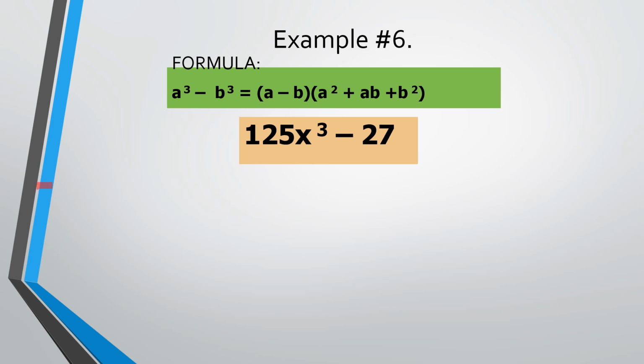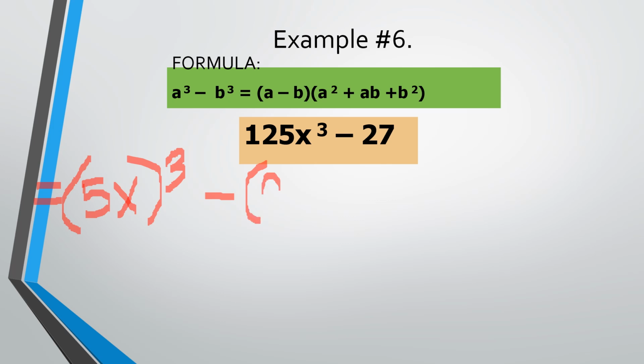You have here equals, open parenthesis, 125x cubed. Its cube root is 5x, close it, raise it to the power of 3, subtracted by the cube root of 27 is 3, close it, raise it to the power of 3.